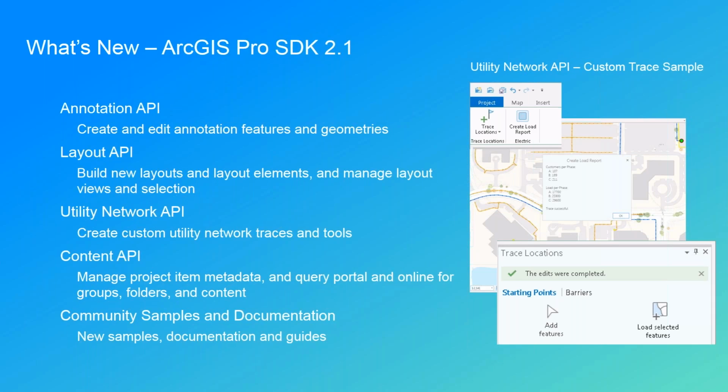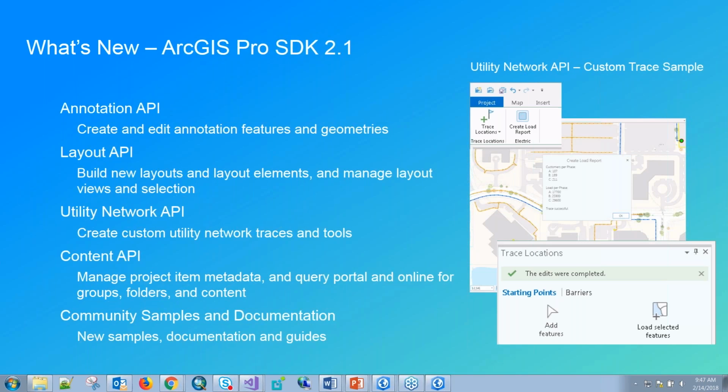Next, the expanded Layout API. This allows developers to build new layouts and layout elements and manage layout views and selections. Many organizations that dynamically create unique map layouts, such as alignment sheets, as well as map series, are going to find this as a solid foundation for that work. Next, the new Utility Network API provides access to the utility network functionality, which is new with Pro 2.1 and ArcGIS 10.6.